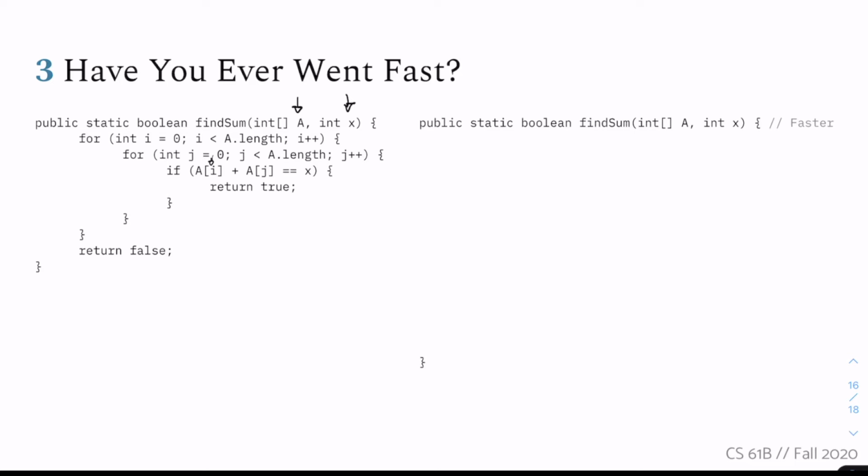So what this is doing is trying to find if there exist two indices i and j, they might even be the same index, such that A[i] plus A[j] equals x. So this is a naive solution, and I want you guys to try to figure out a faster, better solution to this problem. It might be a little more complicated though.